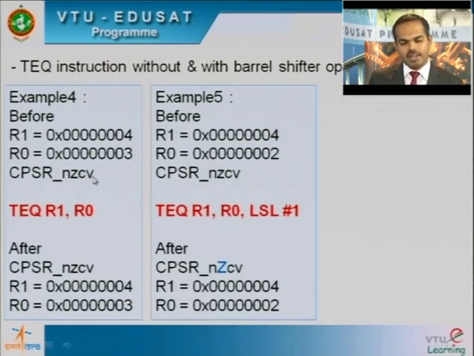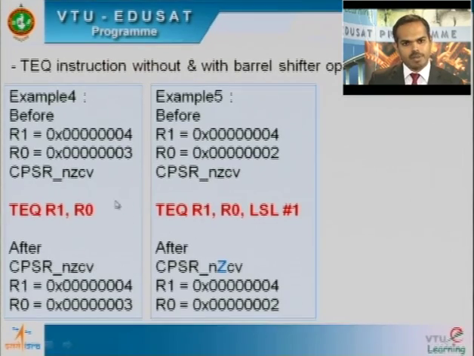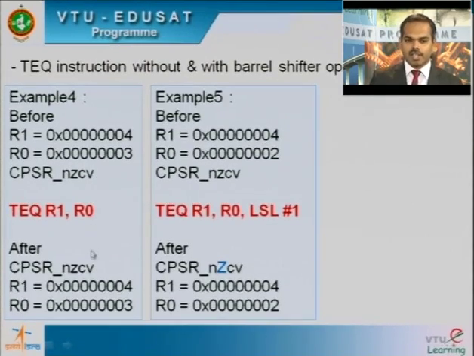That 7 has no effect on any of the flags. Hence, after the execution of this instruction, the NZCV flags are still the same as before the execution of the instruction.